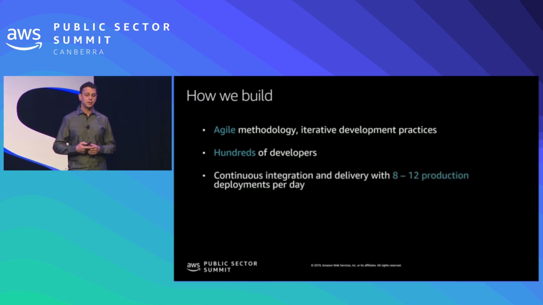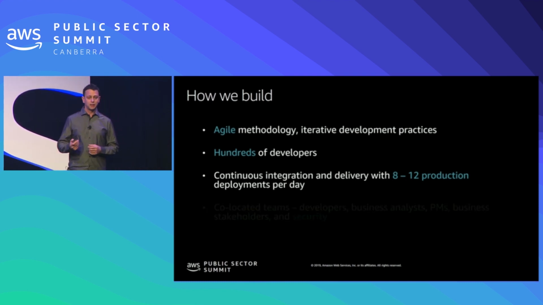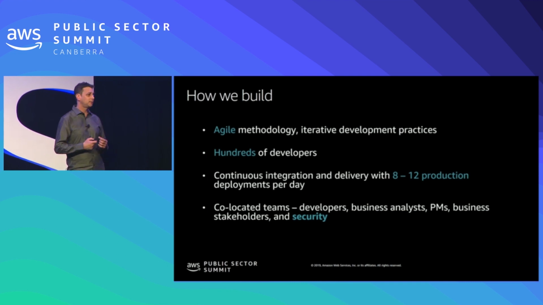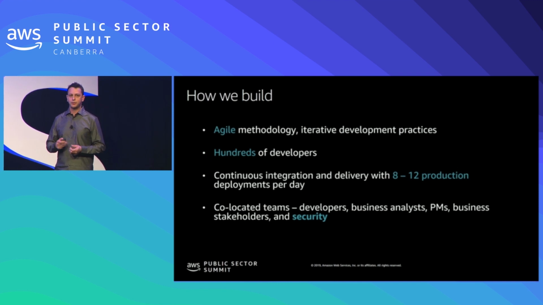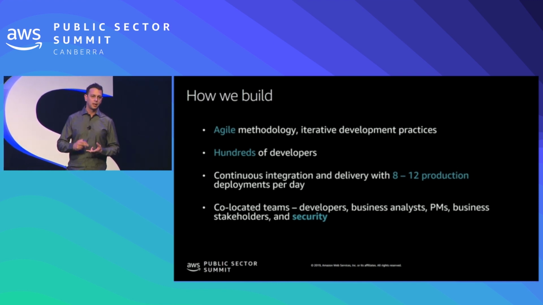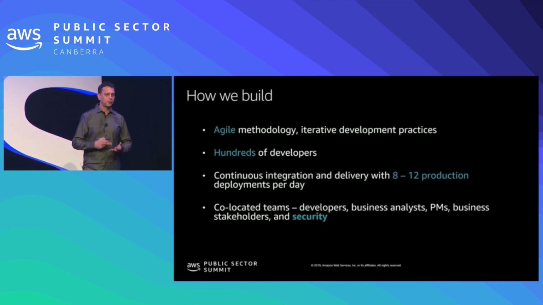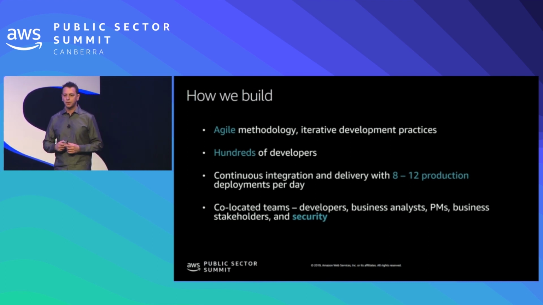We have continuous integration and delivery with roughly 8 to 12 production deployments a day. We have co-located teams. So in that one building we have security, developers, IT, finance, and the business stakeholders, all part of that one building.